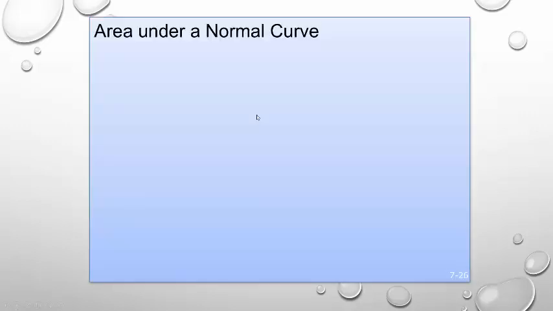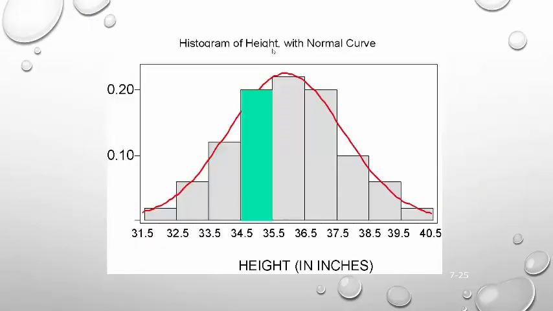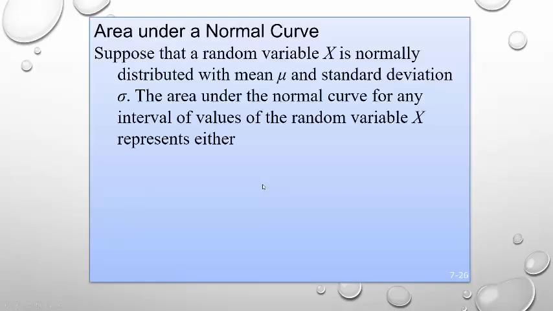So now what we can do is talk about area under the normal curve, and how we use it to approximate this area right here. Suppose that a random variable x is normally distributed with mean mu and standard deviation sigma. For all these examples, I'll give you the mean and the standard deviation.